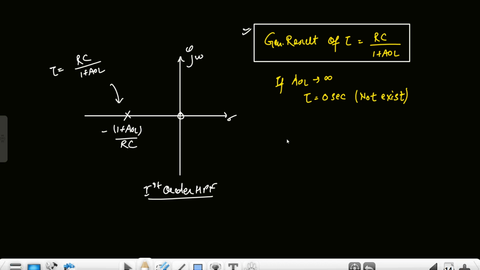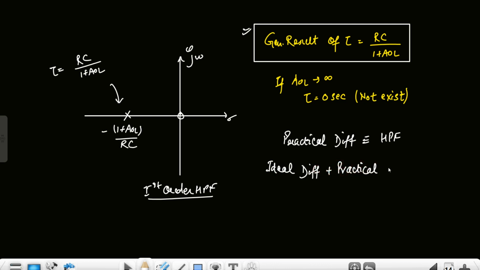So the practical differentiator behaves as a high pass filter. If we want a high pass filter from an ideal differentiator, the op-amp should be practical. So the ideal differentiator can also act as a high pass filter with the practical op-amp, where the open loop gain should be finite.